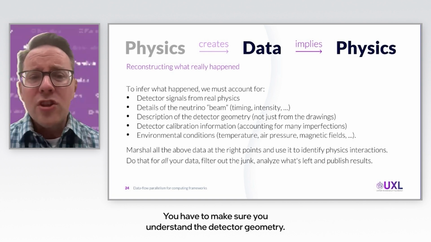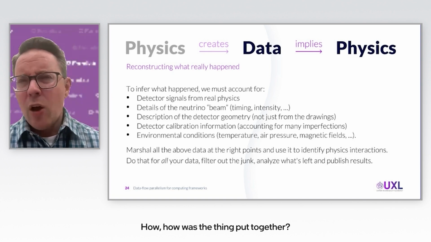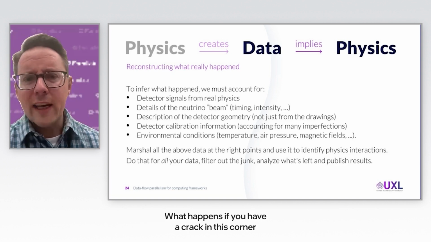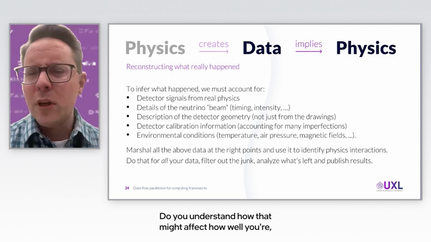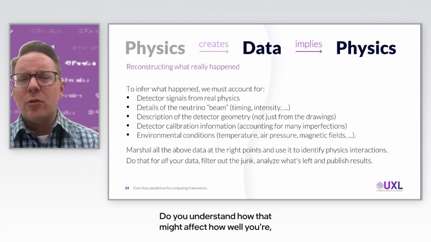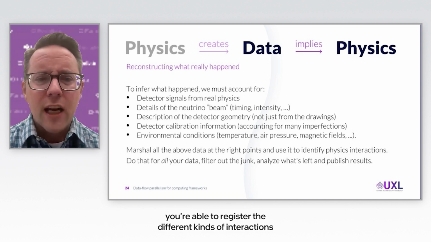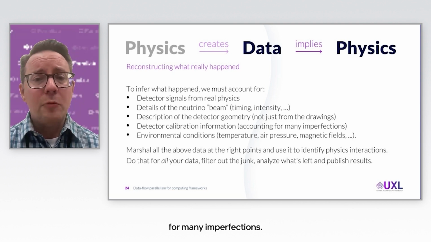You have to make sure you understand the detector geometry. How was the thing put together? What happens if you have a crack in this corner of the detector and a particle goes through it? Do you understand how that might affect how well you're able to register the different kinds of interactions that are of interest? Then you have calibration information that accounts for many imperfections.